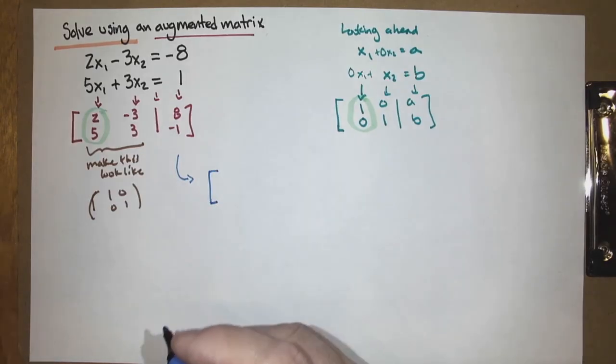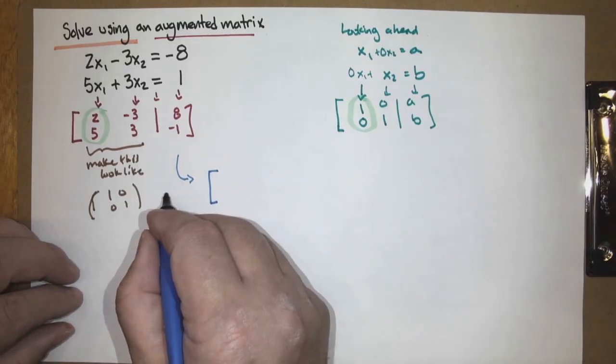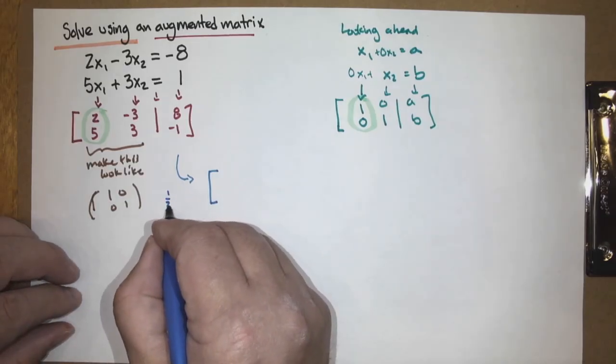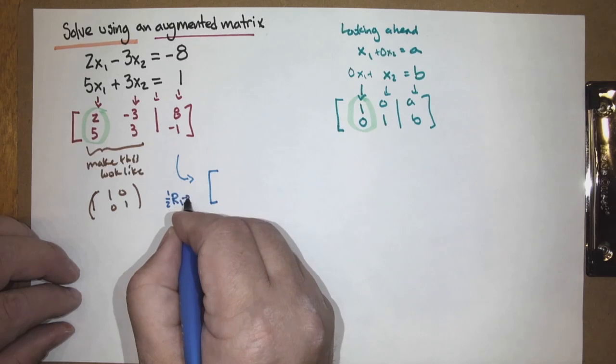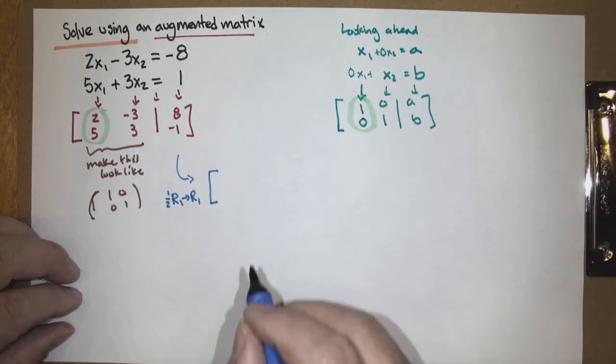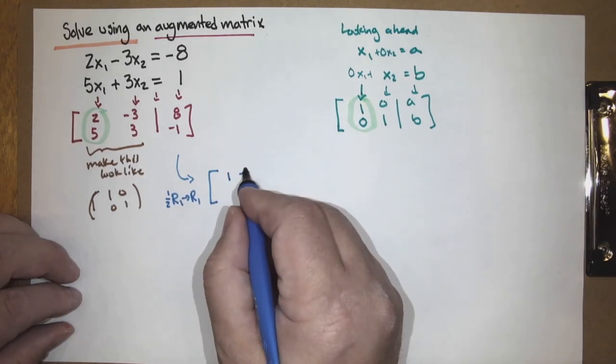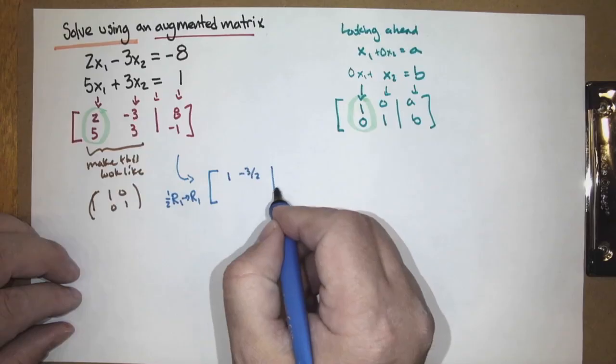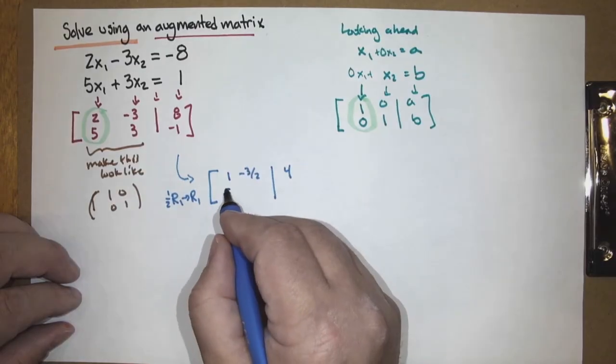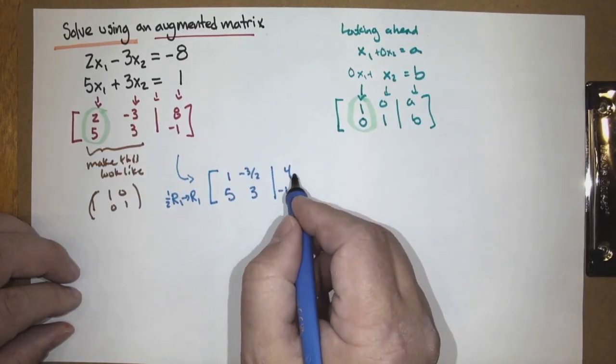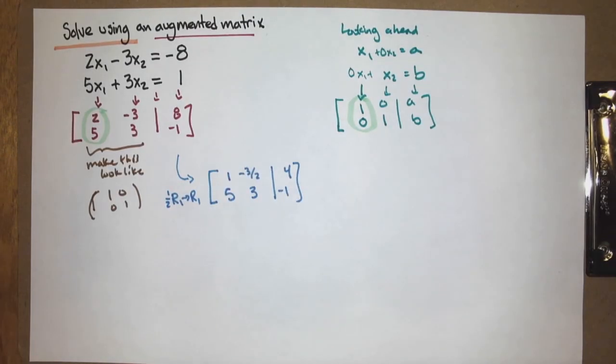We could divide by 2, yeah. So we can scale. And so I think the book uses the notation, if you take 1/2 the first row, that becomes the first row. So 1, -3/2, 4. And we haven't done anything with the second row. That just comes along for the ride. All right, good.